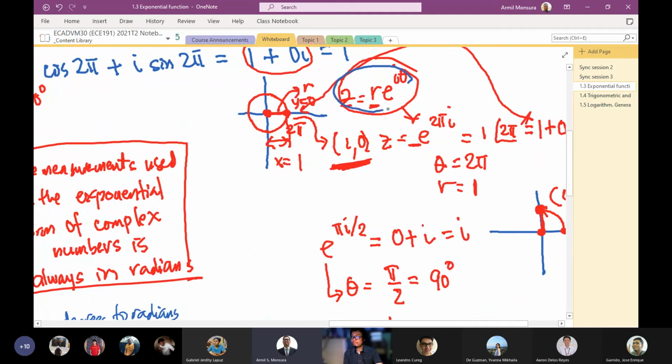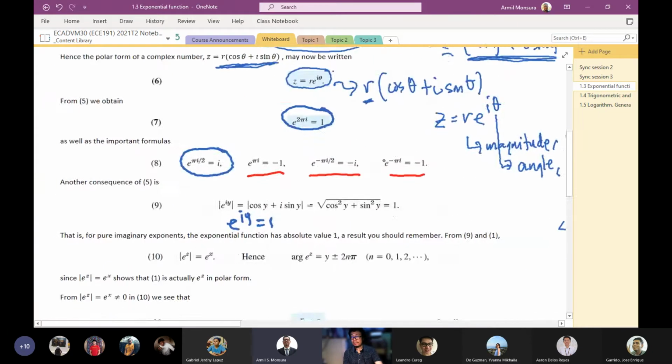Okay, so nakita natin that since this is r e raised to i theta, and since hindi natin nakikita yung coefficient niya dito, that means that r is equal to 1.